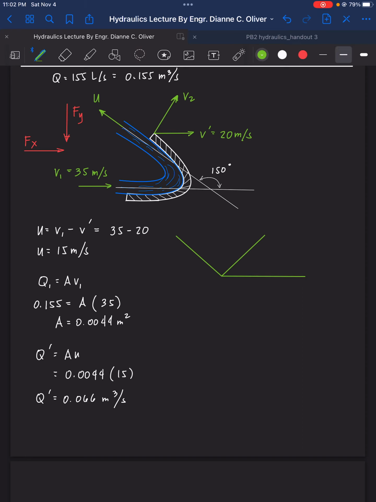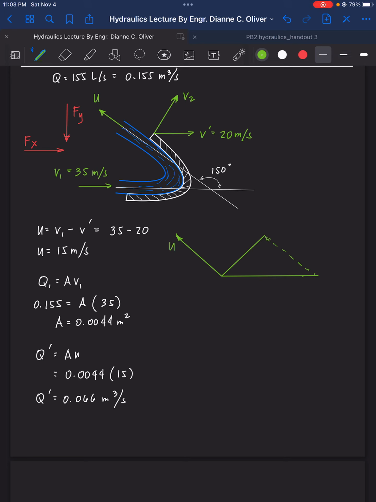So again, we will form a parallelogram. So this is now the U. There goes the broken line. This is the U here.